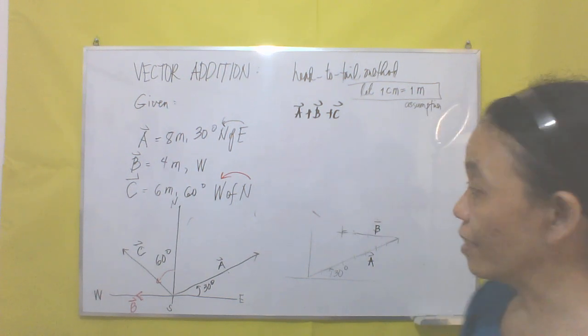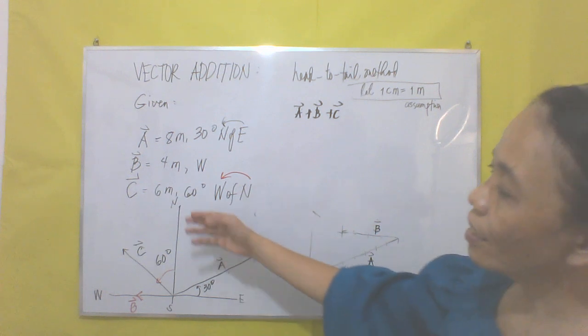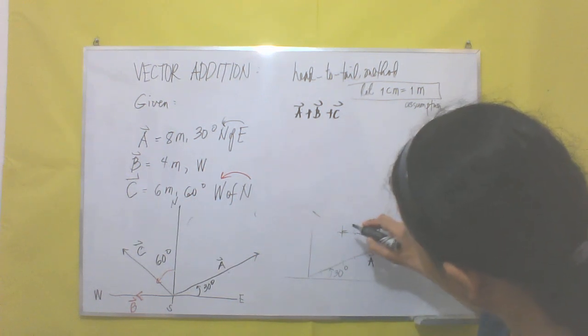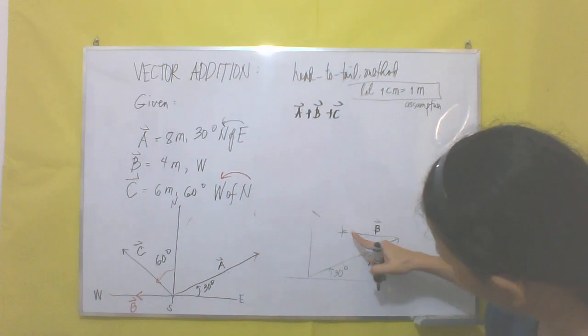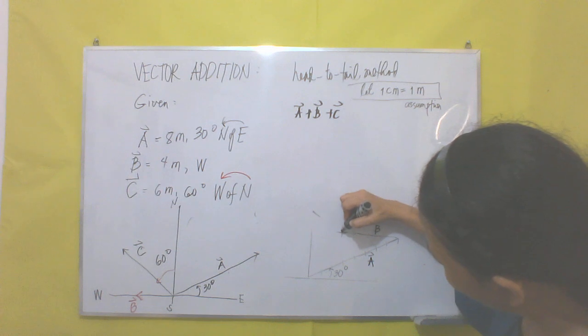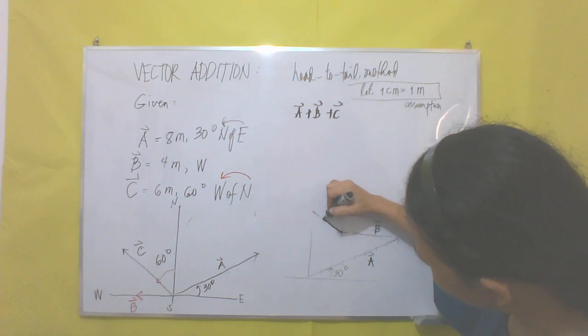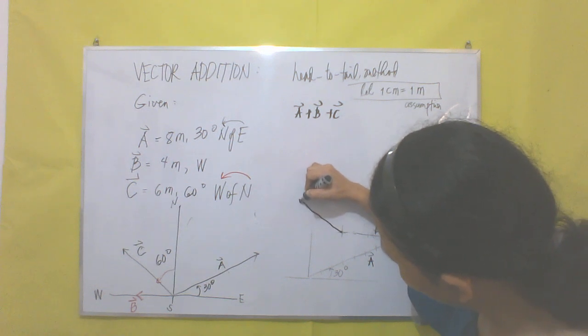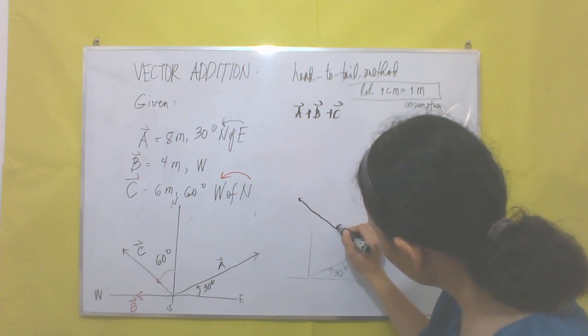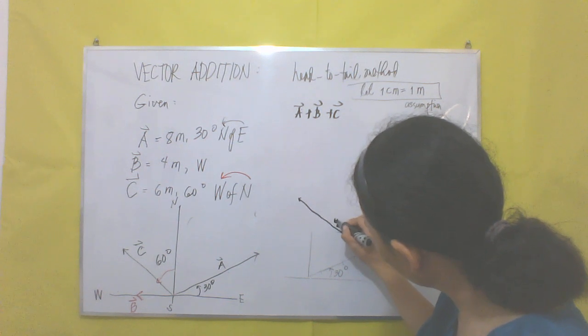That is 60 degrees. So 6 meters or 6 scales. From this small Cartesian plane that I have drawn, draw a line. Again, this is 60 degrees.